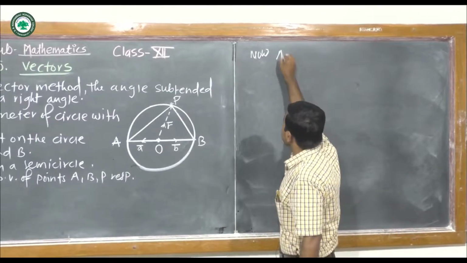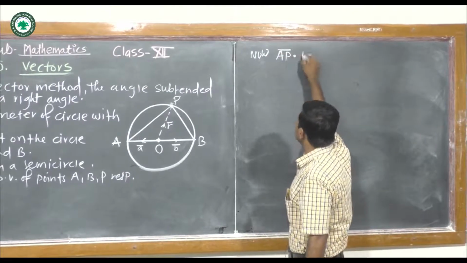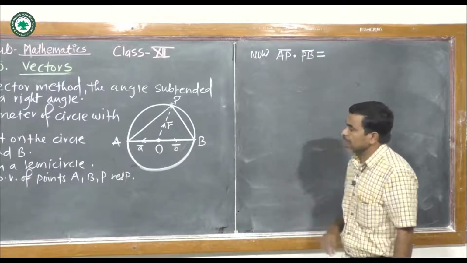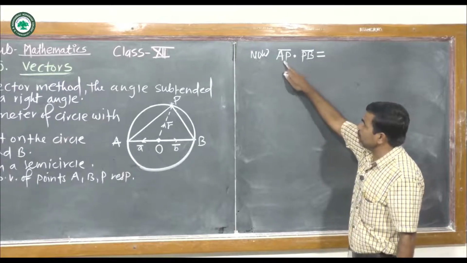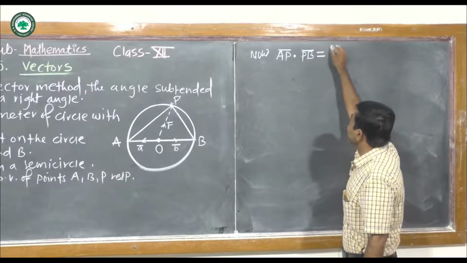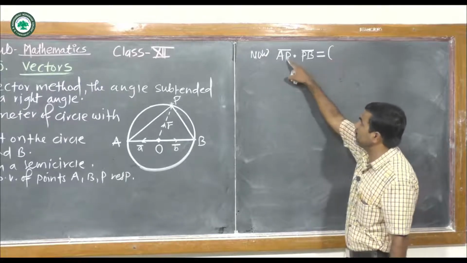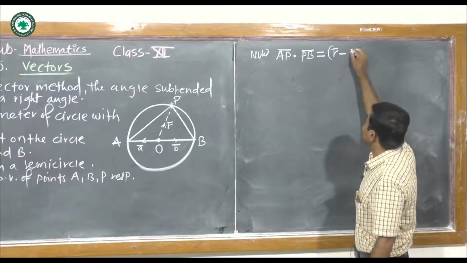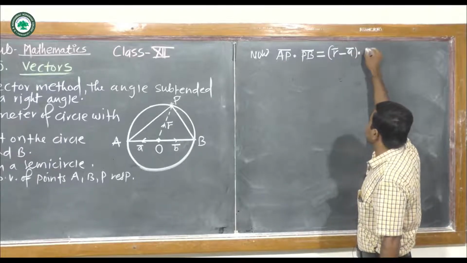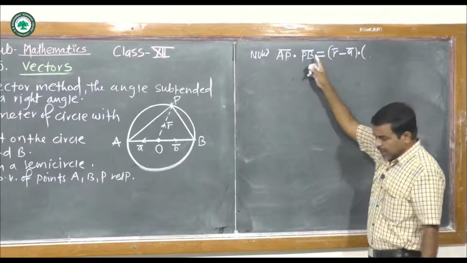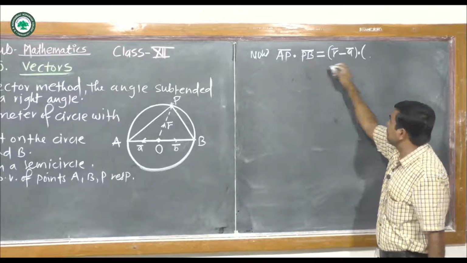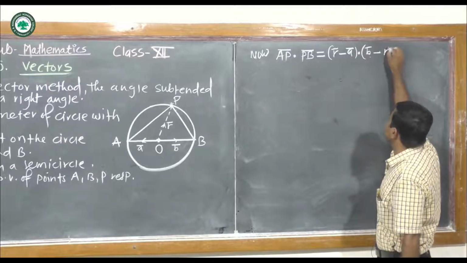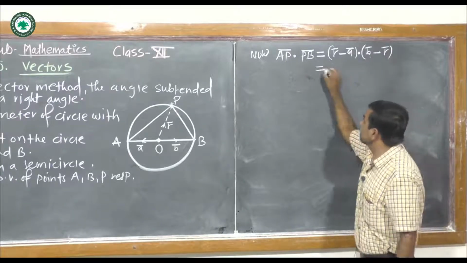AP bar dot PB bar is equal to, by using the definition of position vector, AP bar is the position vector of the point P, that is R bar, minus the position vector of the point A, that is A bar, its dot with PB bar. It is the position vector of the point B, that is B bar, minus the position vector of the point P, that is R bar.